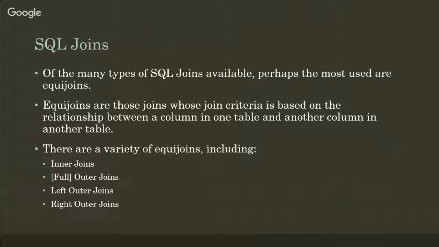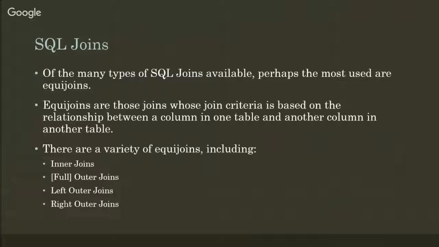Of the many types of SQL joins available, probably the most commonly used are what's called equijoins. Those are joins whose join criteria is based on the relationship between a column in one table and another column in another table. What I mean by join criteria, I'll get to in just a second.